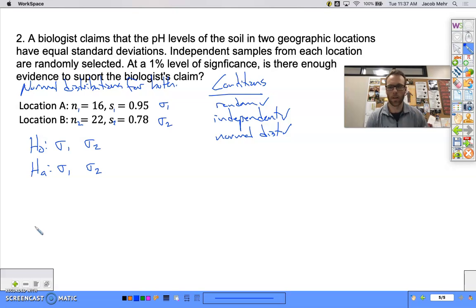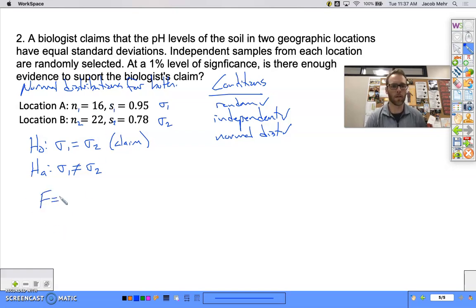Very good. Okay, so the claim is that they have equal standard deviations. We know the equal sign always belongs with the null hypothesis, so this is our claim. That means the alternative hypothesis is that they are not equal. So let's get moving with this.